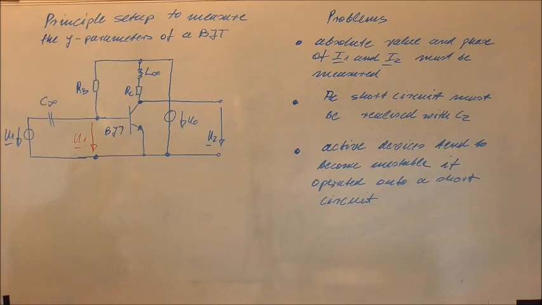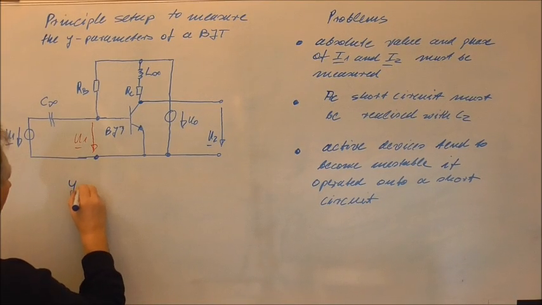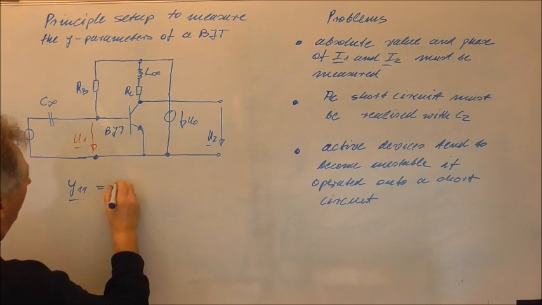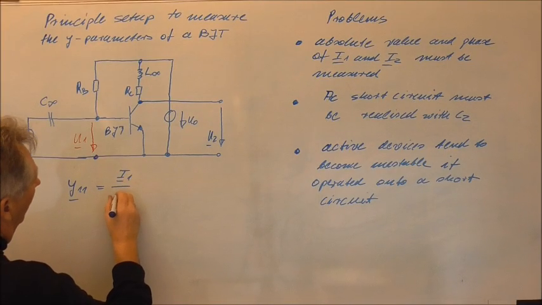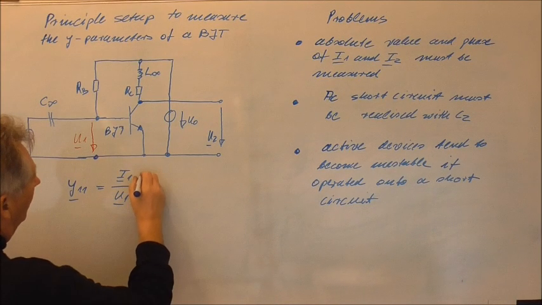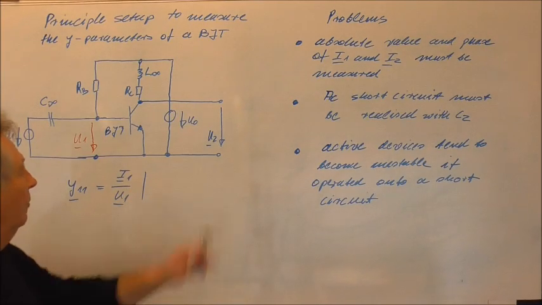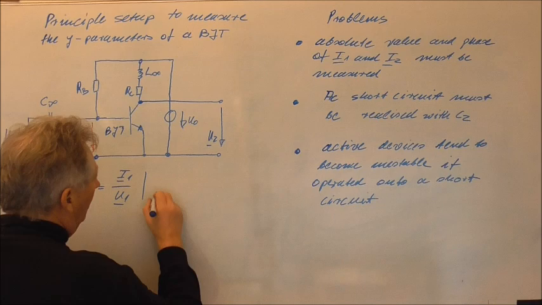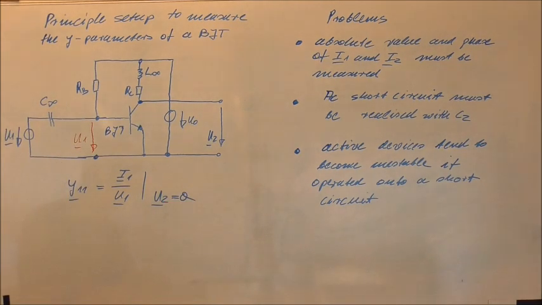And for example, if I want to define the parameter Y11, we know that Y11 is given by I1 over U1, but we must realize that the AC voltage at the output has to be 0.